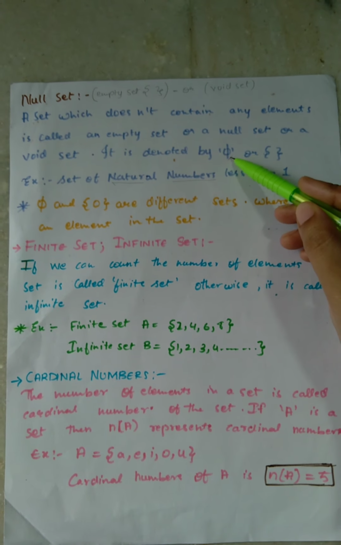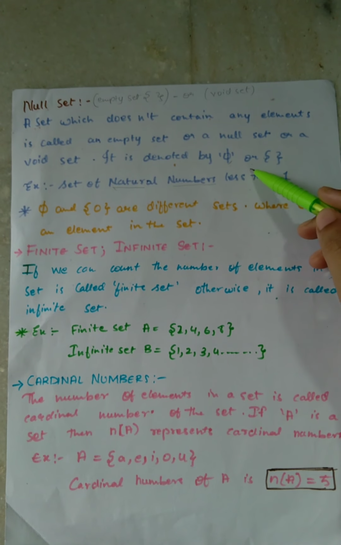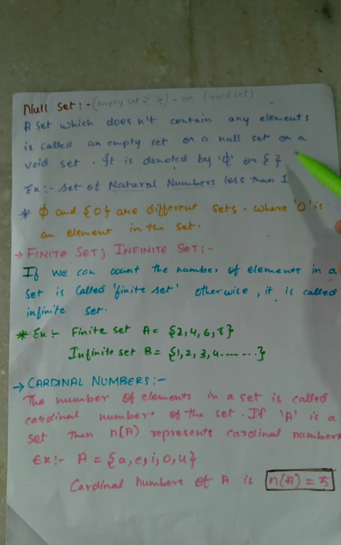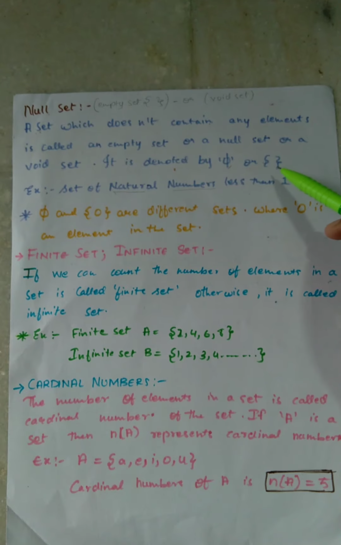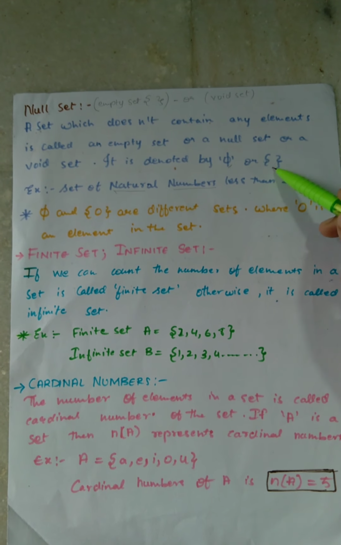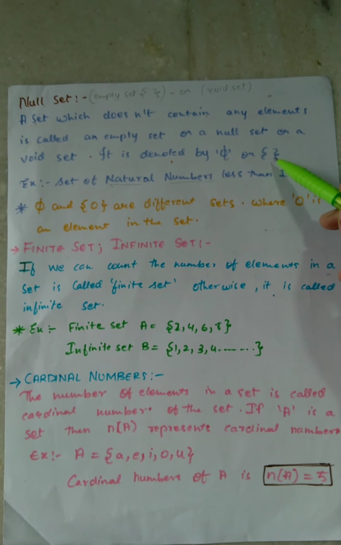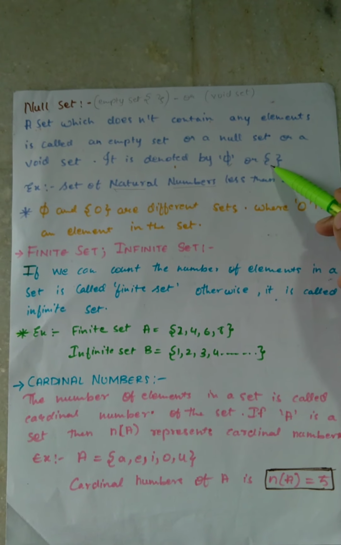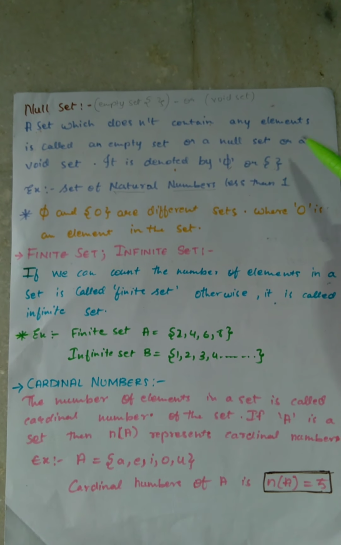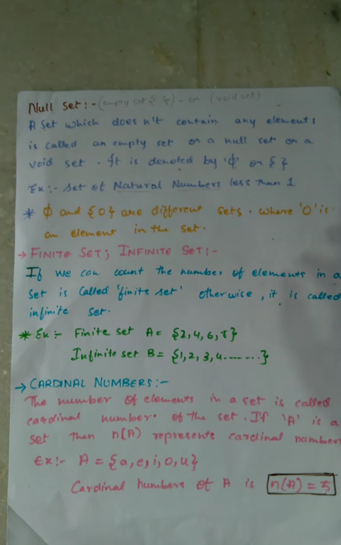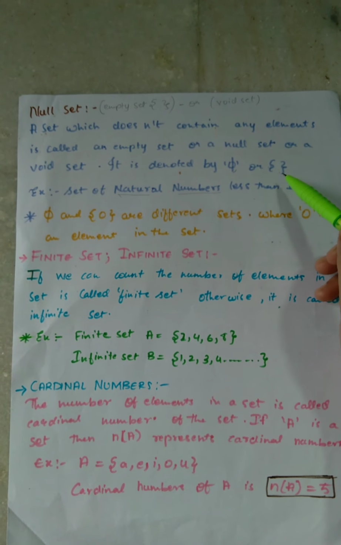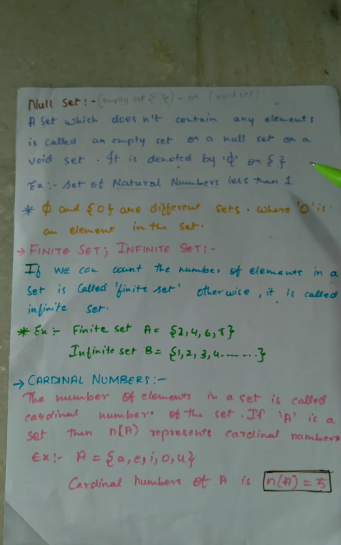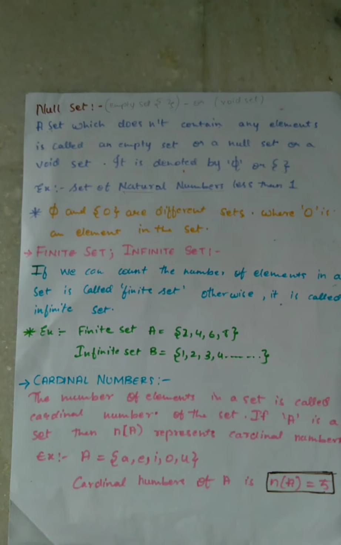Even we say this symbol as null set, or the brackets which are enclosed and there are no elements in the bracket. You can see there is no element. You have to make a note that null set is empty. The set which does not contain any element is known as null set.